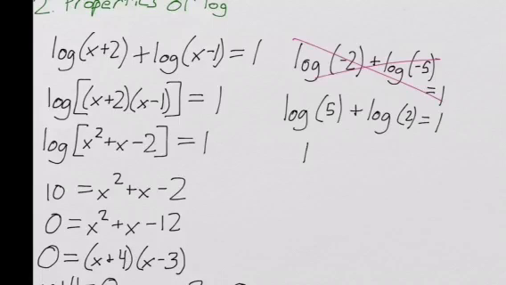And by the properties of logs, that says log of 10 equals 1, or 1 equals 1. So that checks out. A key to remember when you're doing logarithmic equations is you do have to check your work at the end to make sure that you didn't get a situation where the numbers work out, but you're taking the log of a negative number.